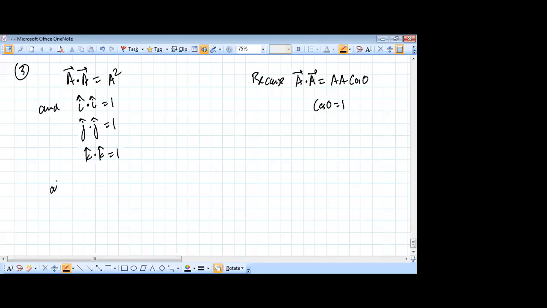Also, i cap dot j cap is 0, because they are perpendicular by definition. j cap dot k cap is 0. k cap dot i cap is 0. So this set of formulae is also important to remember. Unit vectors' dot products.